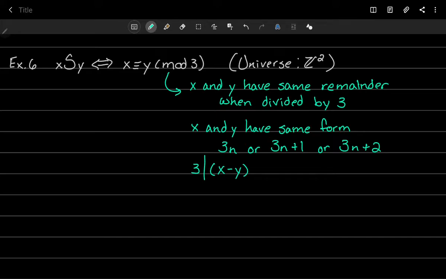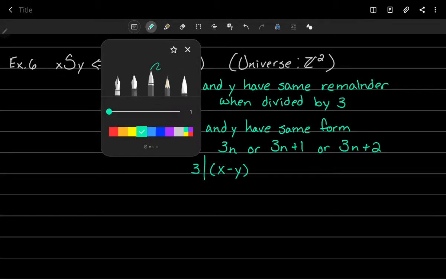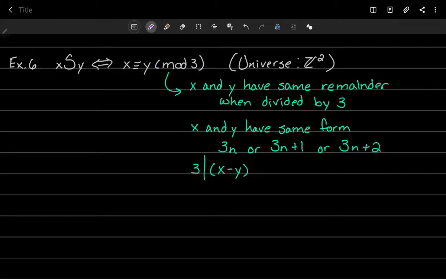So let's take a second and look and see if we understand what these are saying before we get into showing this is an equivalence relation. All right, so let's take 2 numbers that have the same remainder when divided by 3. So for example, 4 and 19, okay? So 4 and 19, they both have remainder 1 when you divide by 3.